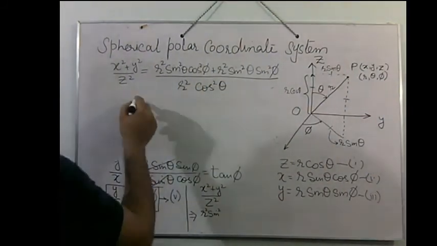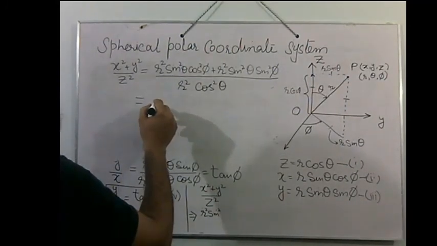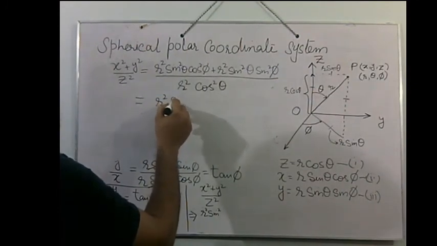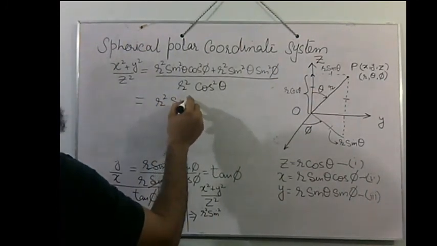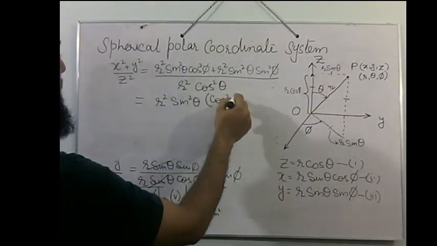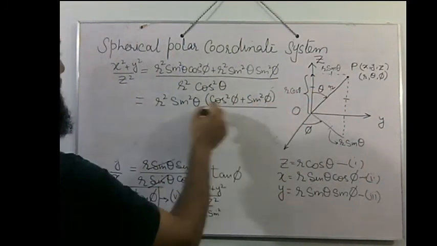So here we see that if we take common, the remaining is cos square phi plus sin square phi.